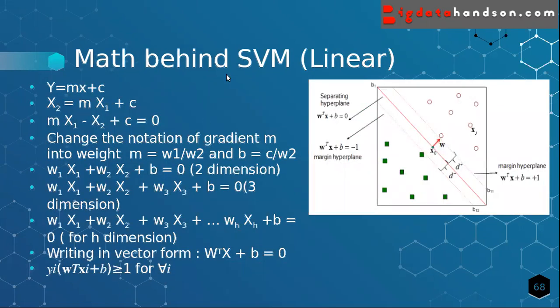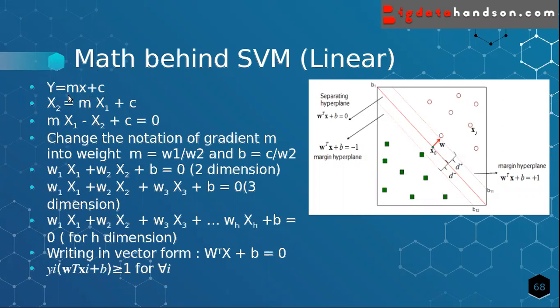So let's see the math behind the linear SVM. All the algorithms in machine learning are actually derived from the equation y = mx + c, the straight line equation, as in linear regression. The SVM algorithm is also derived from the linear equation.